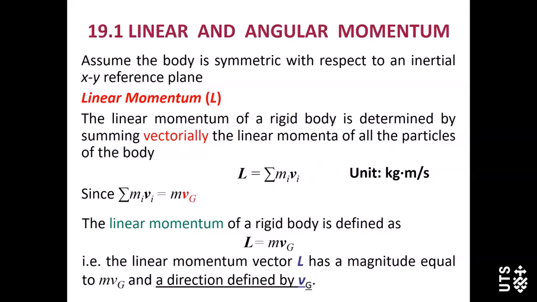Linear momentum of a rigid body L is equal to its mass m times the velocity of the mass center point G, vG. Its direction is the same as the direction of vG. The SI unit of linear momentum is kilogram meter per second.